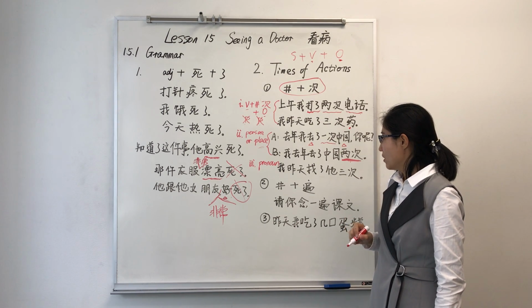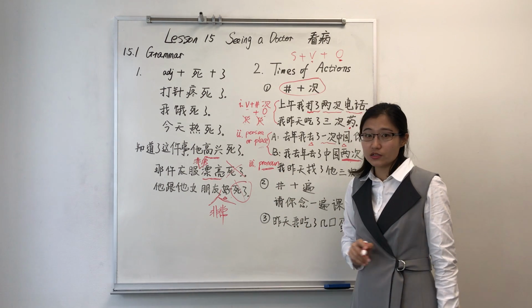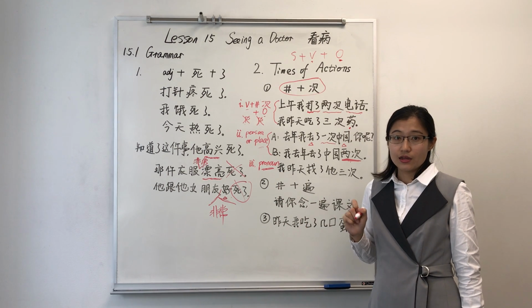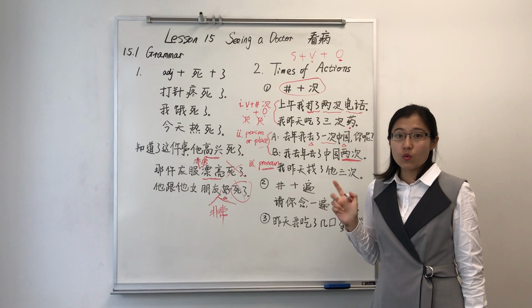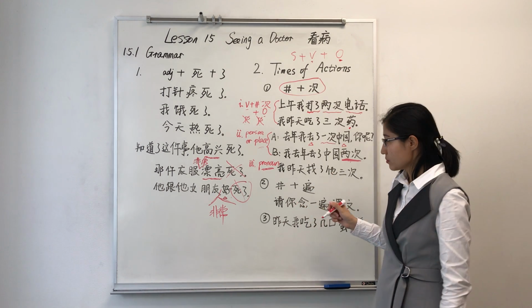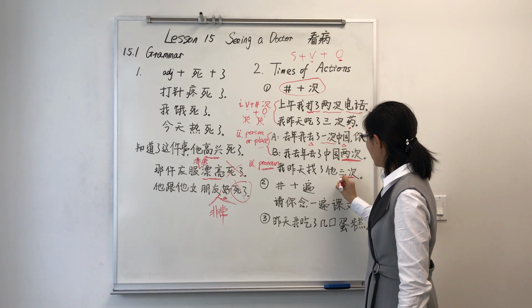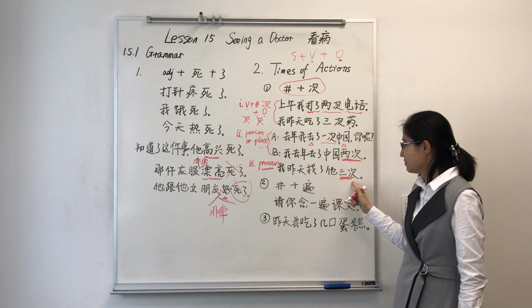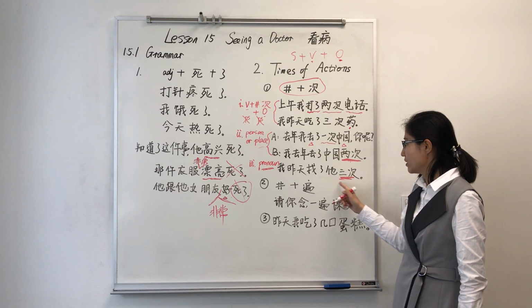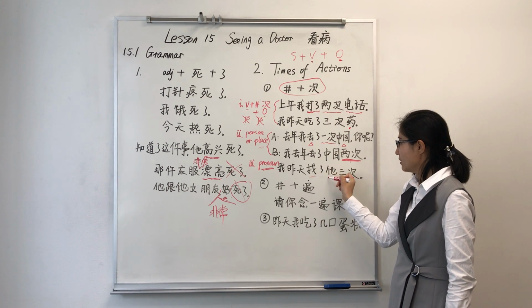Next example, if the object is a personal pronoun like 你、我、他, we can only put it at the end of the sentence. We cannot move it between the verb and the object.